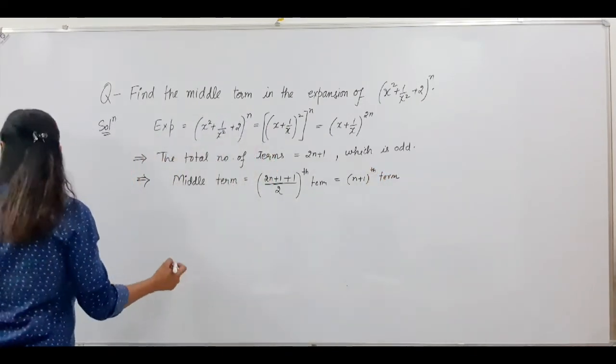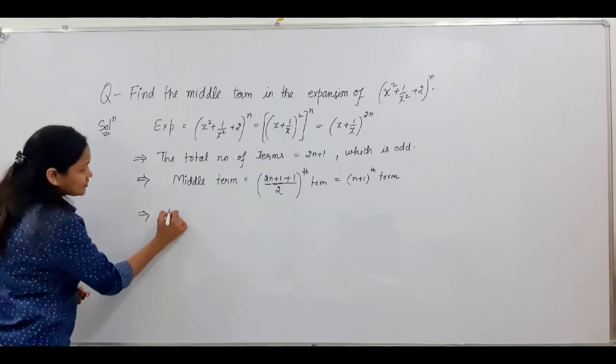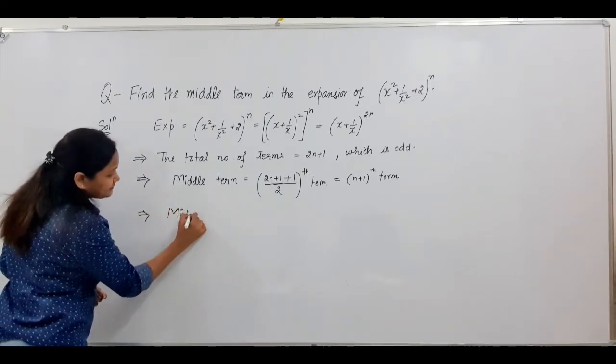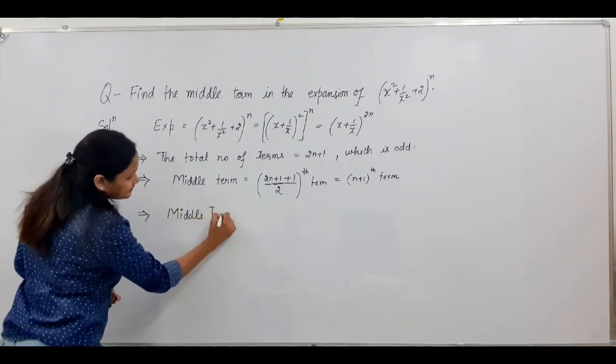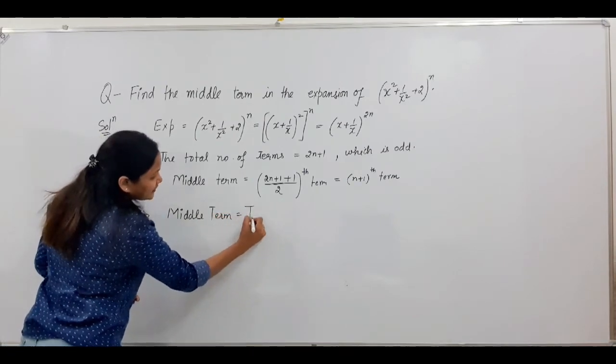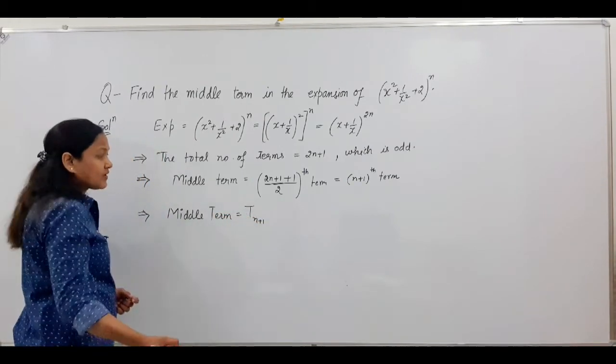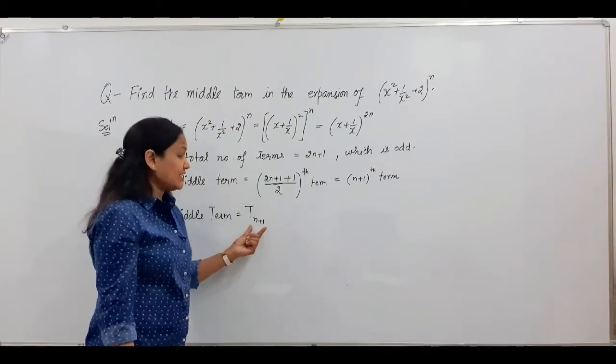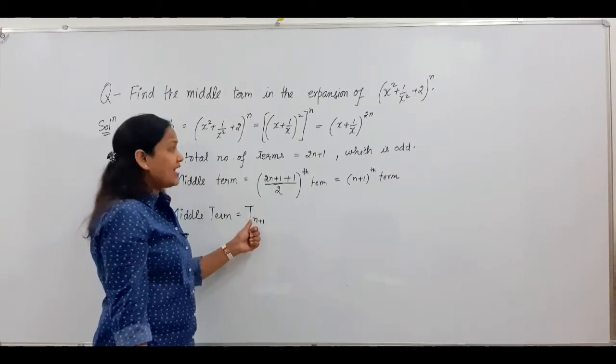So let's try to find out the middle term. Your middle term will be t n plus 1. So to find the (n plus 1)th term, you take r as n.